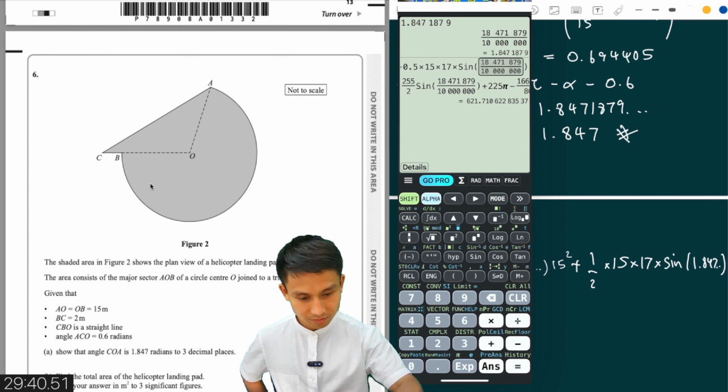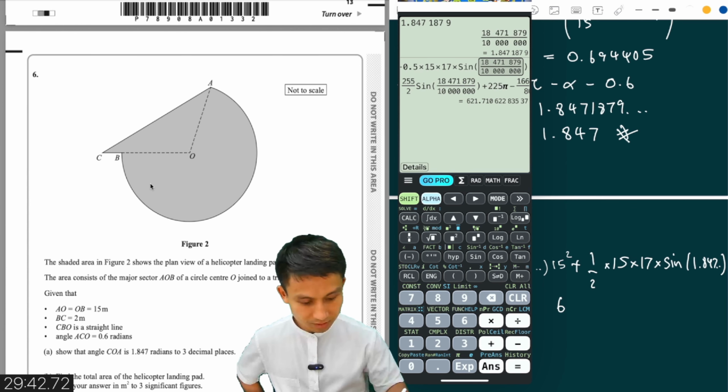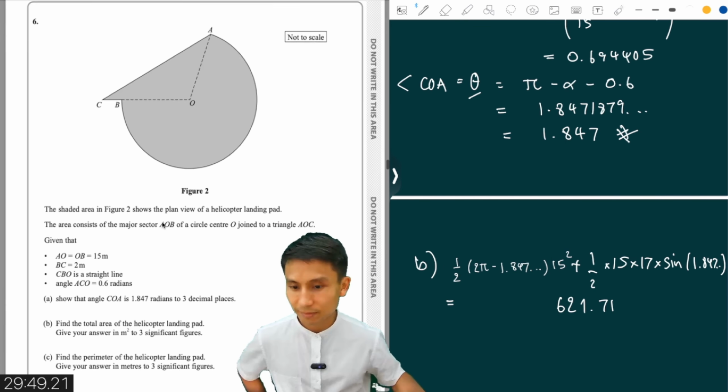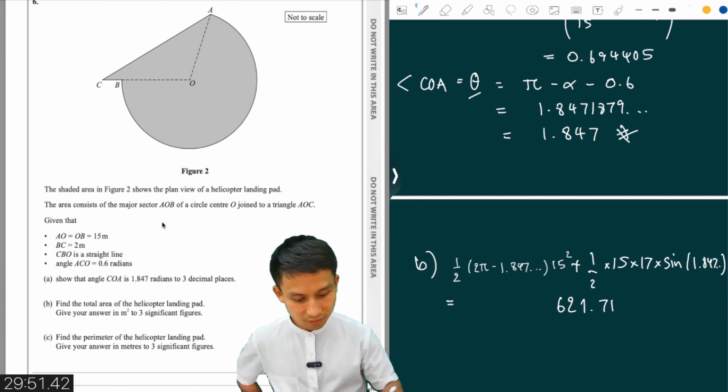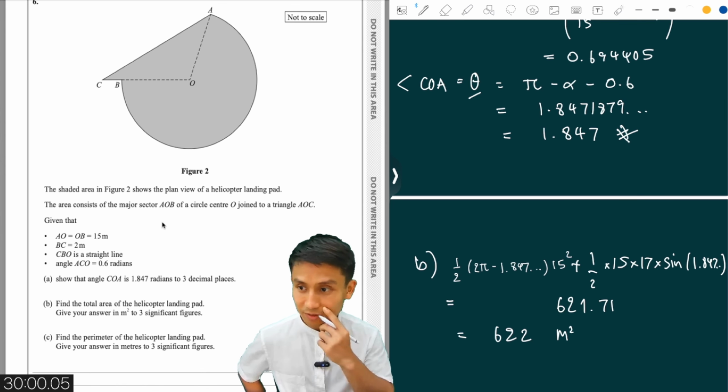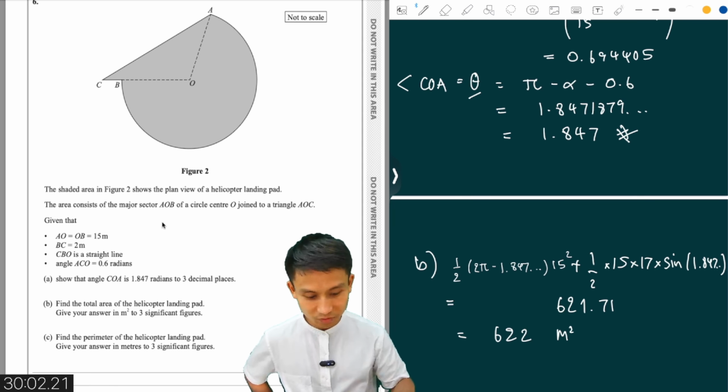So that's 621.71. We need 3 significant figures, so it's 622 square meters. Everything is in meters, right? I don't think they would trick you with the units there.